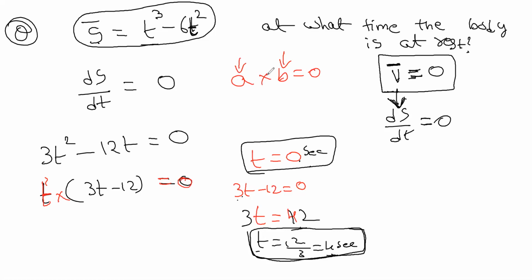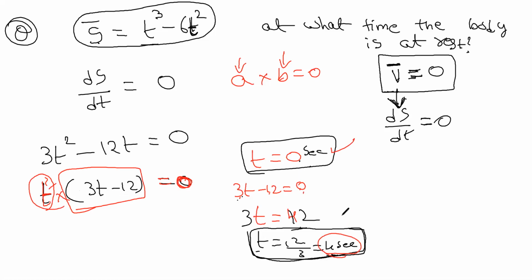So first we take the first factor, t, which can be 0. Or we take the second, 3t minus 12, which should be equal to 0 because the product is 0. Then we solve for t and we get 4 seconds.